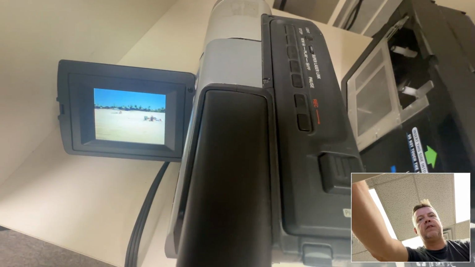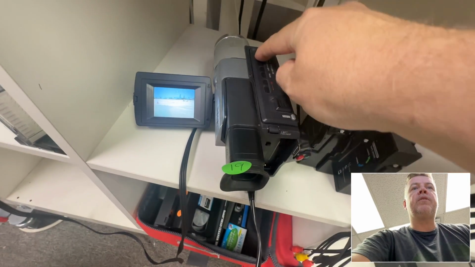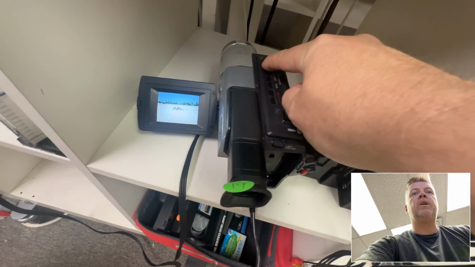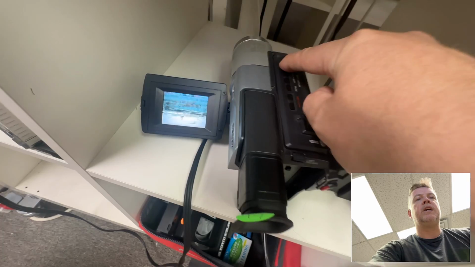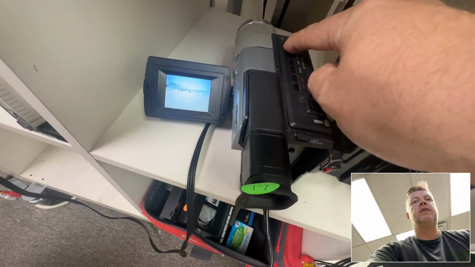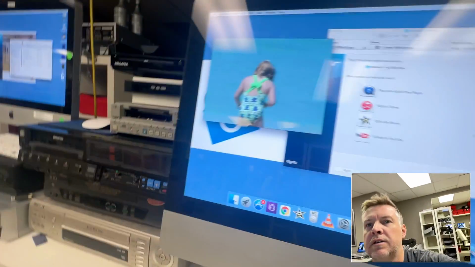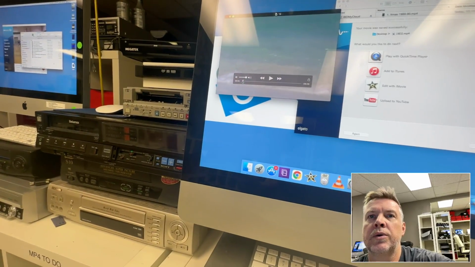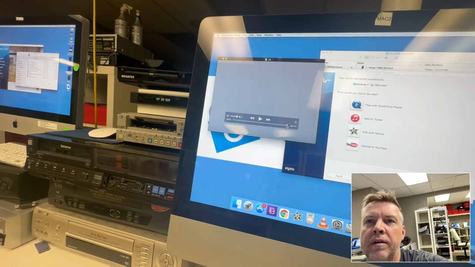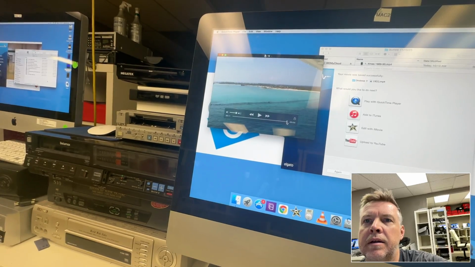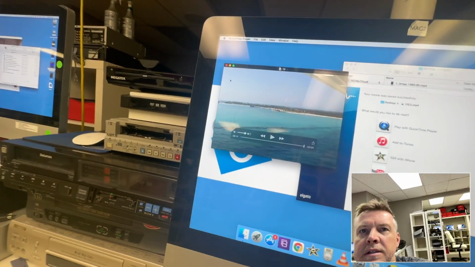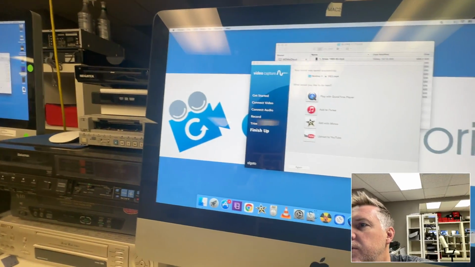Look, there's the footage right there. Now what I've got to do is rewind this because I don't want to keep having to redo this. I've got to find the footage here. Hold on. So they are at Legoland. No, that was the previous one that lasted 6 minutes. So forget that one.